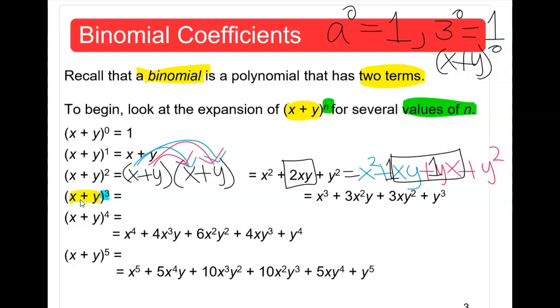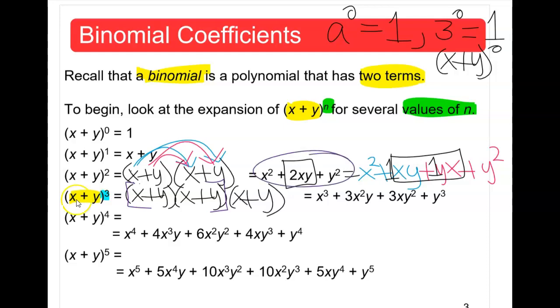But now the exponent of 3 implies that we have x plus y times x plus y times x plus y. And so from the first two binomials here, x plus y times x plus y, we could use the same answer that we have here, the one that came from x plus y squared.